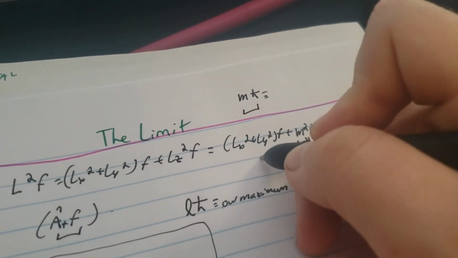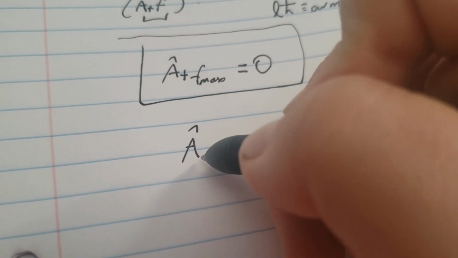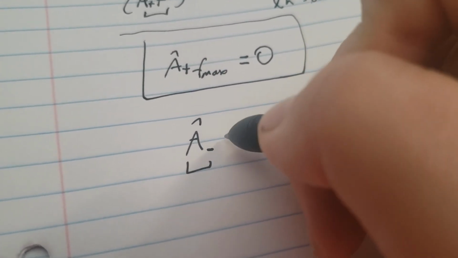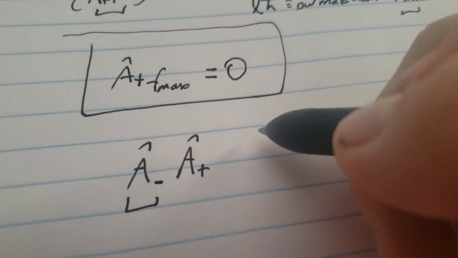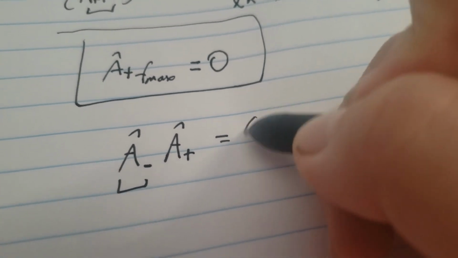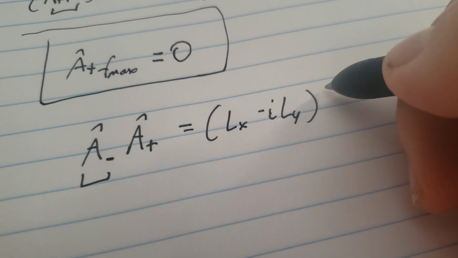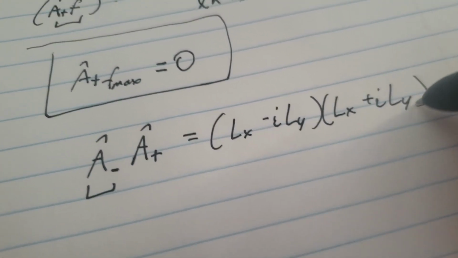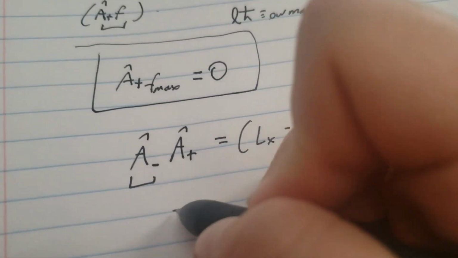Now let's look at this equation again. Let's look at A minus, the lowering operator, acting on the raising operator. This is equal to Lx minus i Ly on Lx plus i Ly.